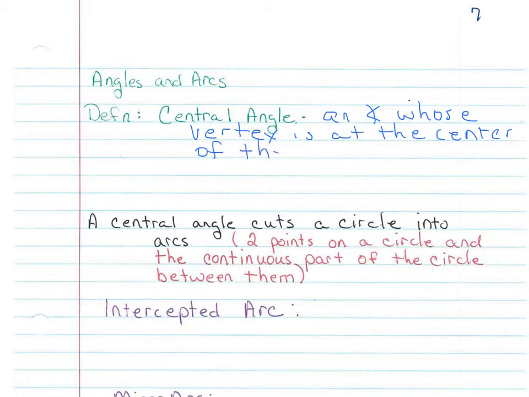What could we say about the sides of that central angle, do you think? I didn't draw a circle here, but if this is a central angle, what could you say about the sides of that central angle? Haley? Good. The sides of a central angle contain radii of the circle.